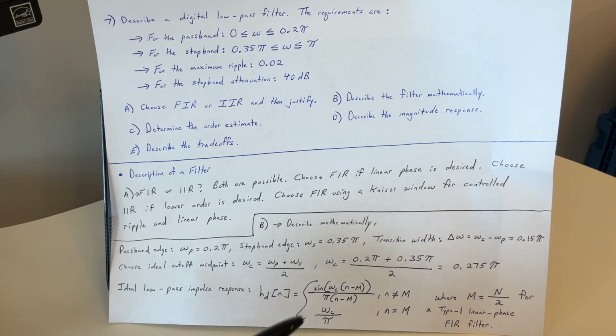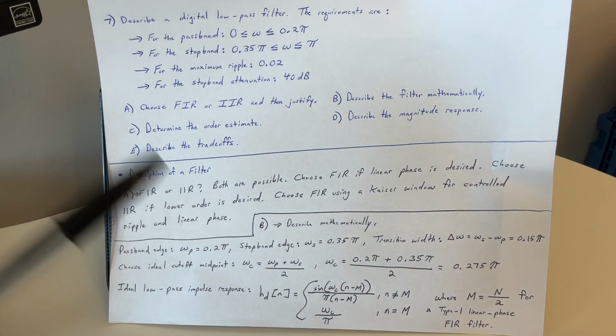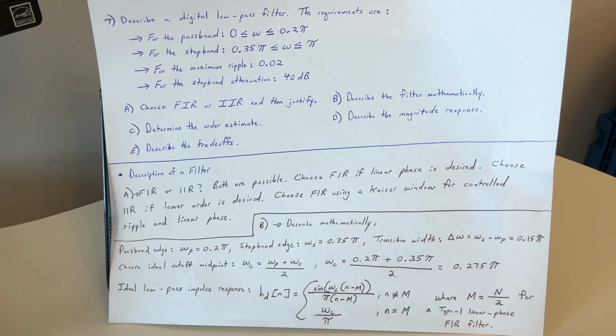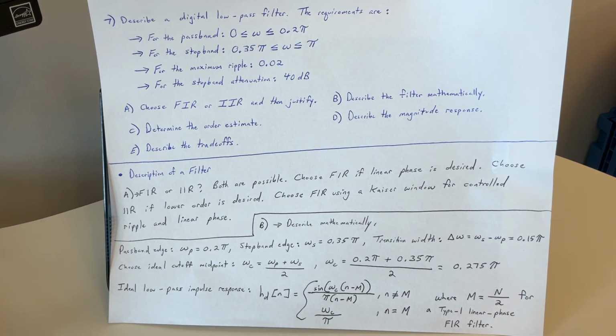The transition width, change in omega, is omega sub s minus omega sub p, that's 0.15 pi. So choose an ideal cutoff at the midpoint: omega sub c is omega sub p plus omega sub s over 2, which is 0.2 pi plus 0.35 pi over 2. That gives us 0.275 pi.